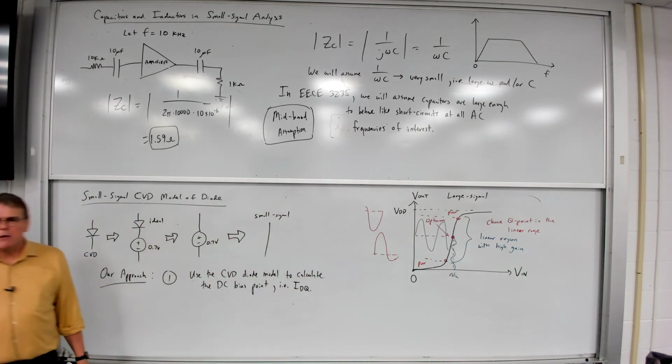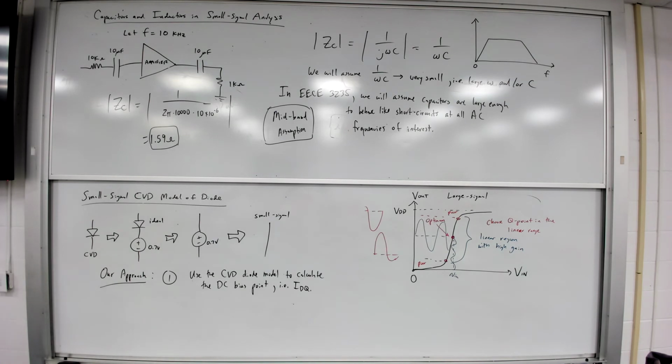So that should be the only time we use the CVD model, only to calculate the DC bias point.